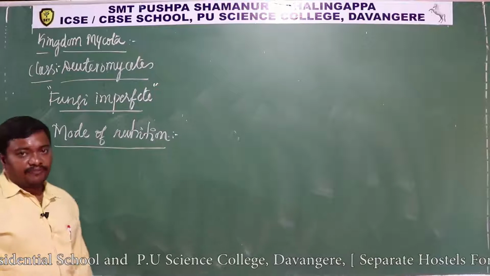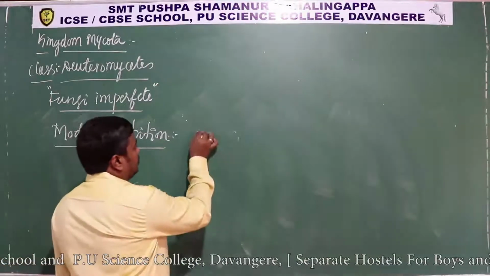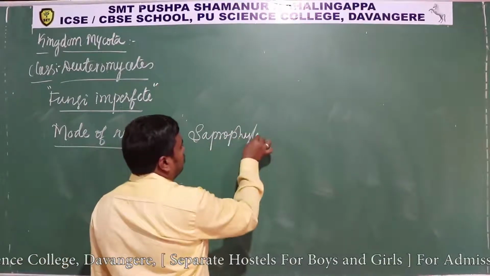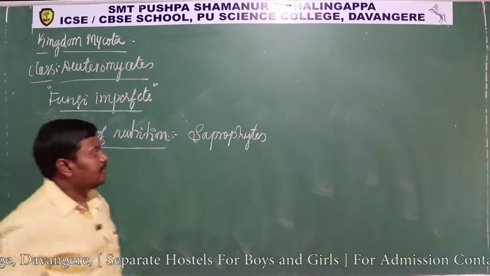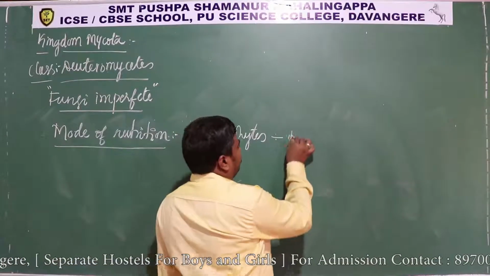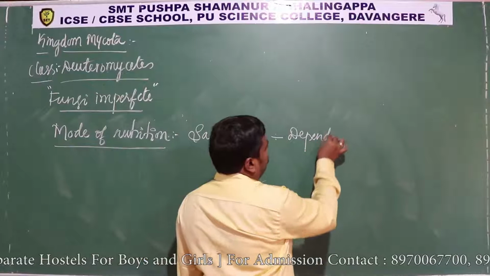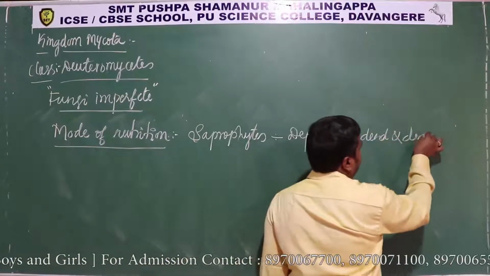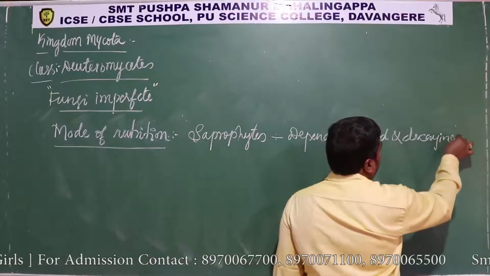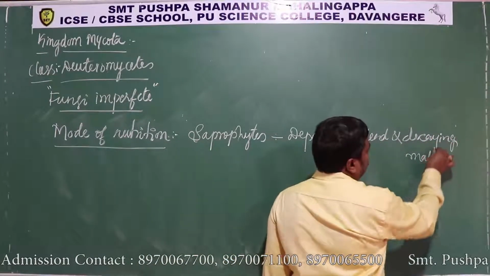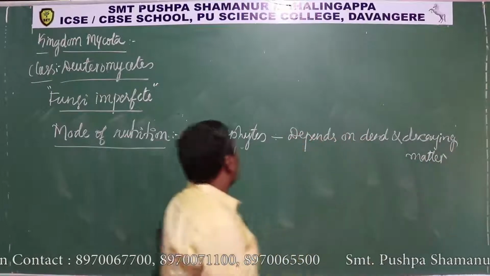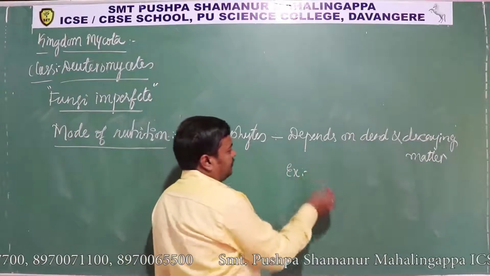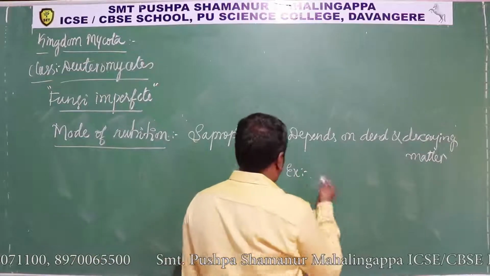Most of these fungi imperfectae are saprophytes, depending on dead and decaying matter. Let me give some examples for this: examples of saprophytic deuteromycetes.